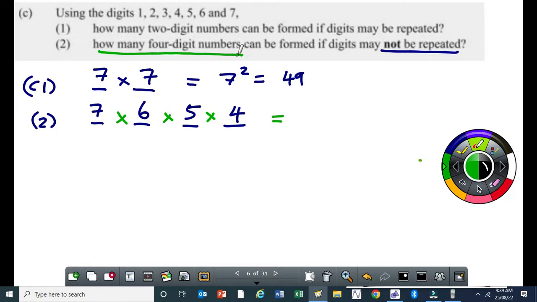But you cannot repeat a digit, so for the next position, how many are left? 6. Then 5. Then 4. It's always in descending order for a type of question like this.